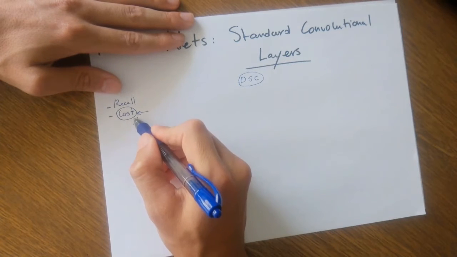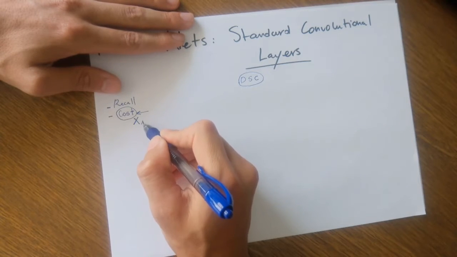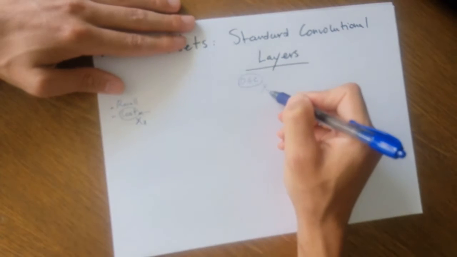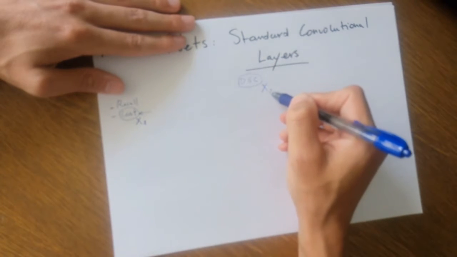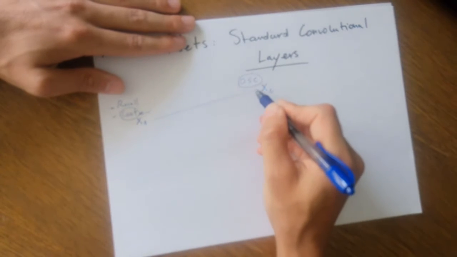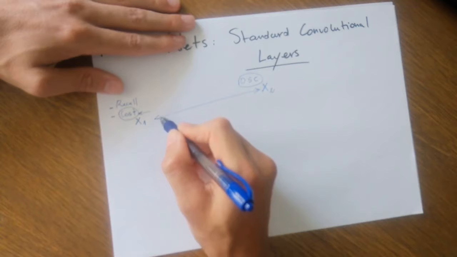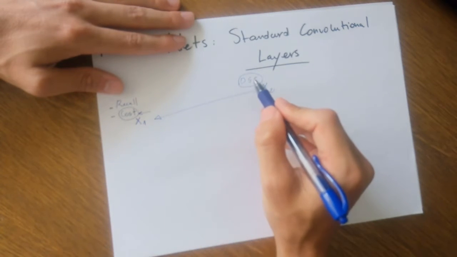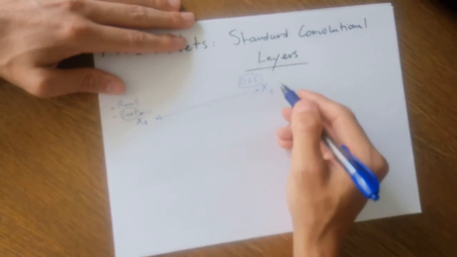So we would have the computational cost of standard convolutional layers, then the computational cost of depth-wise separable convolutional layers, and we would compare them with each other to see the advantage provided by depth-wise separable convolutions.